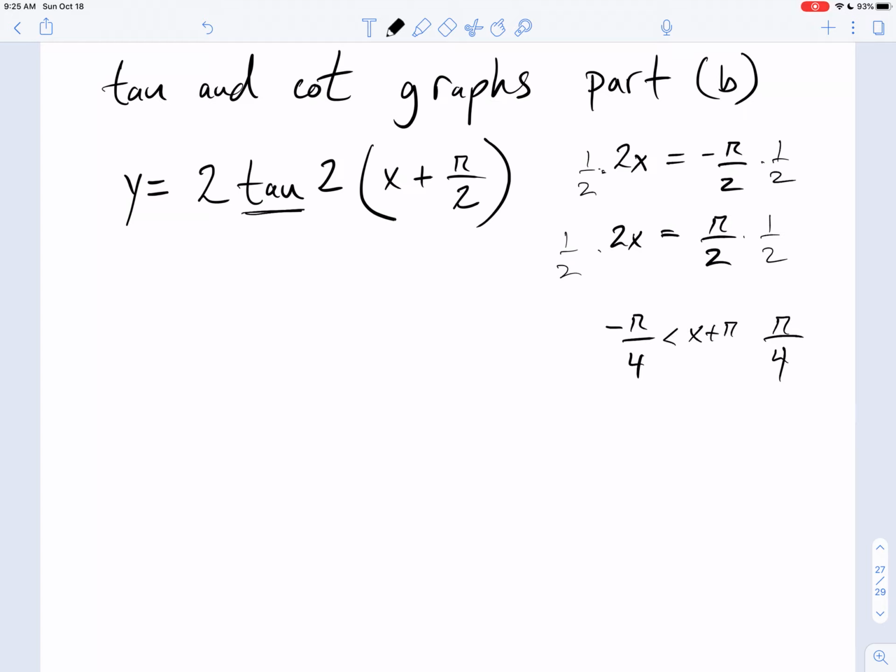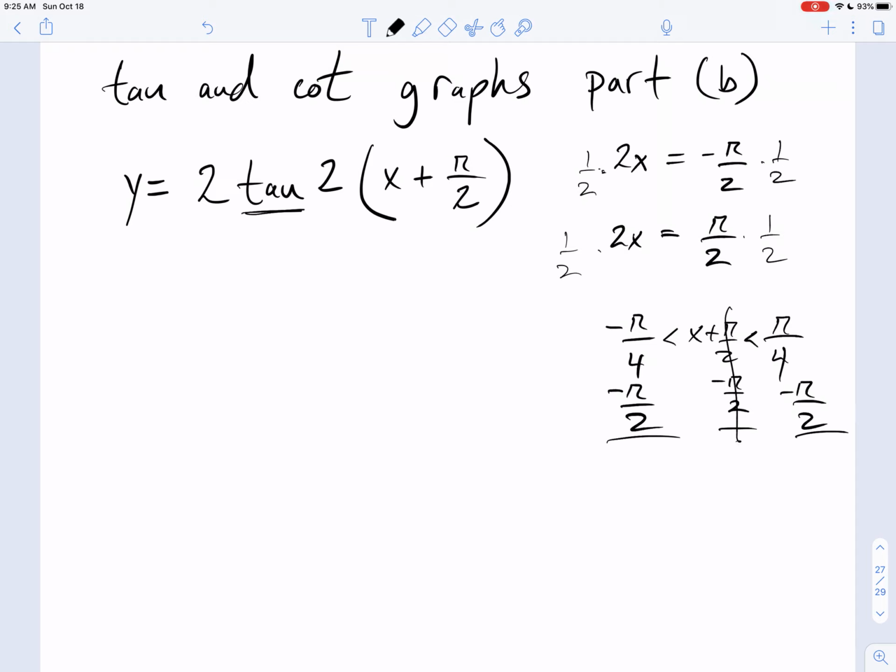However, here's where I'm going to have a little bit of a different situation. I have my phase shift in between, and my phase shift, I'm going to move it over. Let's do a little bit of combining of stuff.